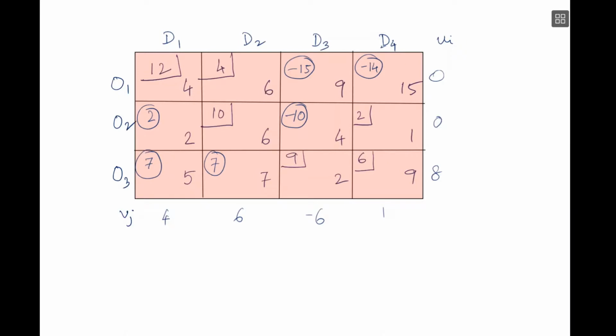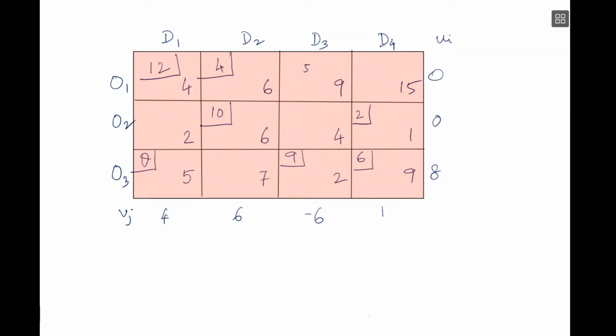We choose either of them, but if we see that the cost at the cell 3-1 is 5, lesser than the cost at the cell 3-2, that is 7, so we will make some allocation at the cell 3-1. And here we find the cycle as this one.